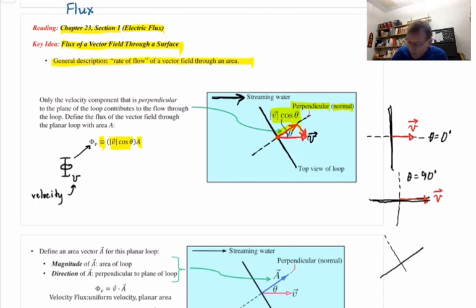But the normal was that way. And then the velocity is that way. Now the angle theta is that, which is bigger than 90. Note when you take the cosine of that, you're going to get a negative number. Yes, you can have negative flux. It just means that angle there is bigger than 90.